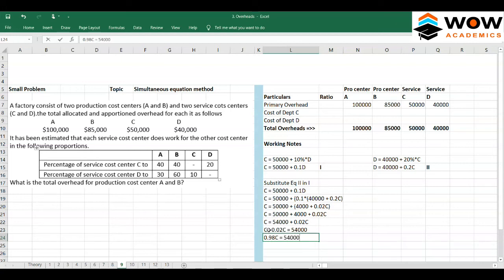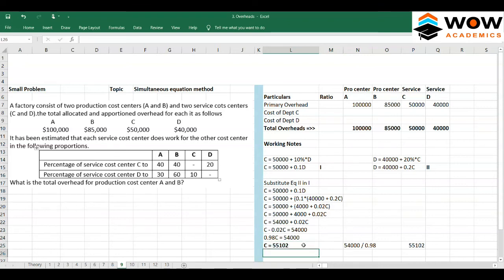Now if you solve for C, what is that number? 54,000 divided by 0.98.